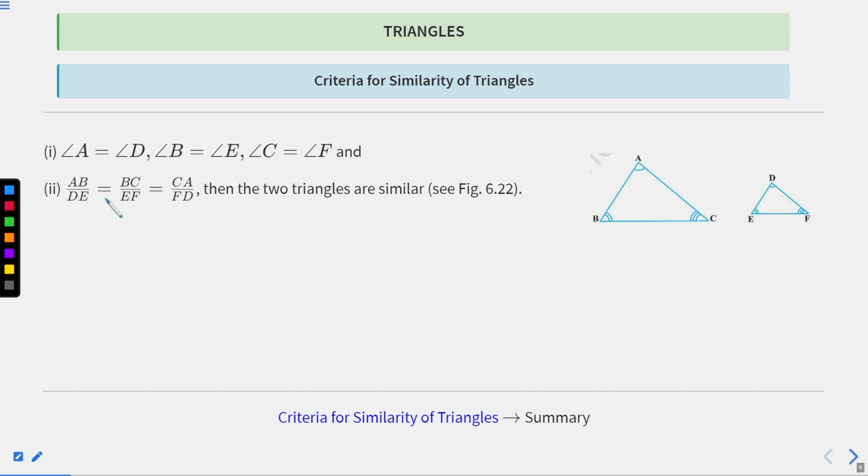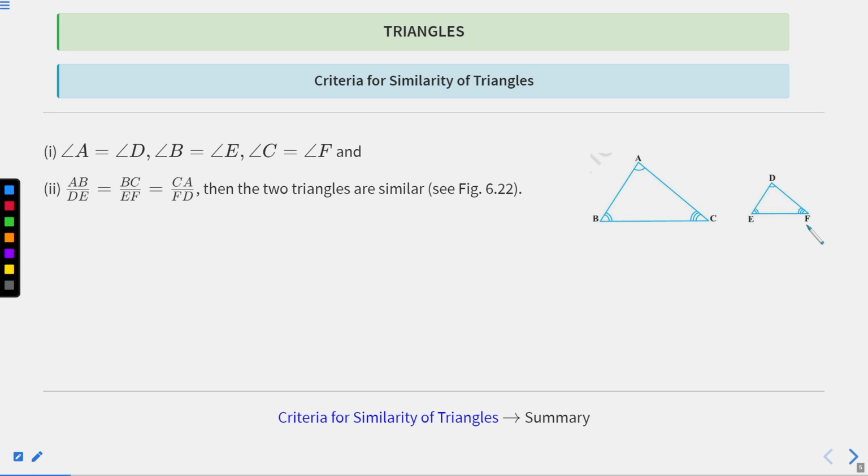And the ratio AB over DE is equal to BC over EF, and this is equal to CA over FD. That means their corresponding angles are equal and their corresponding sides are also in the same ratio.